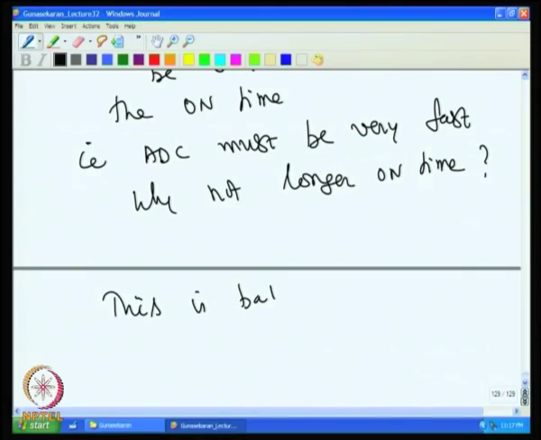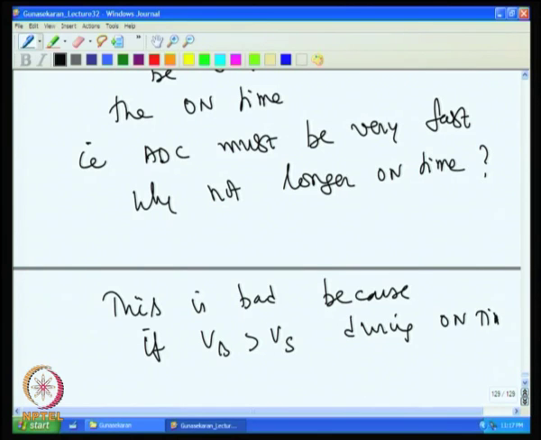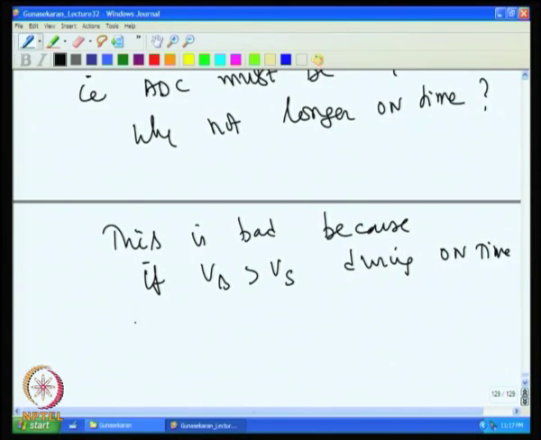So, we should not give longer on time. This is bad, because if V B is greater than V solar cell during on time, the battery will be discharging to the panel.